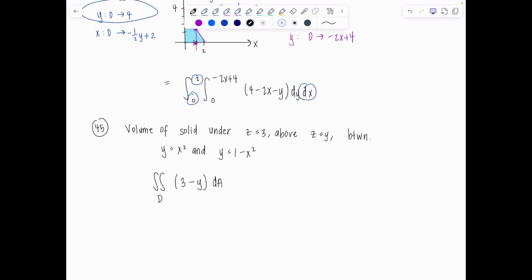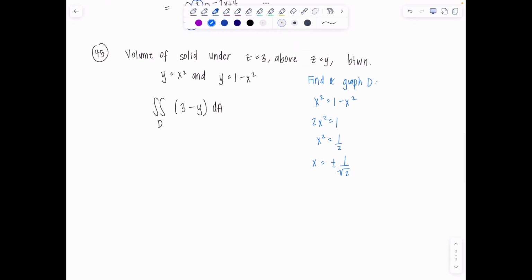Let me first figure out where they intersect. So let's find and graph D. Let's set x squared equal to 1 minus x squared. So 2x squared is 1, x squared is a half, so x equals plus or minus 1 over rad 2. Now these are basically two parabolas, right? One's opening up and the other one is opening down.